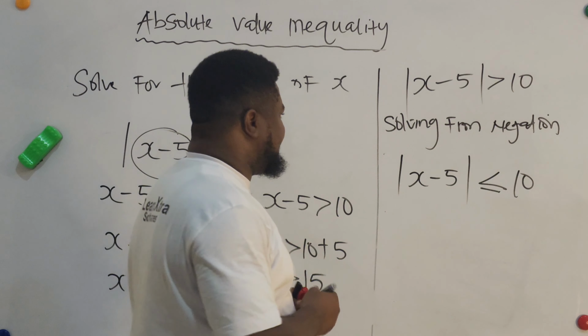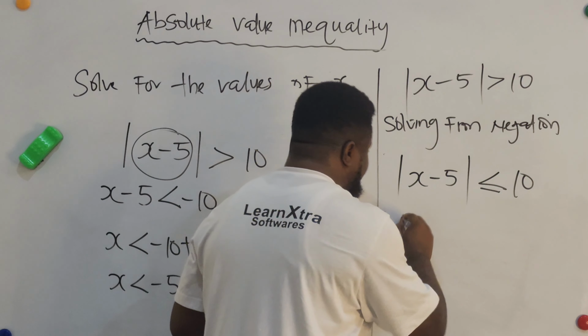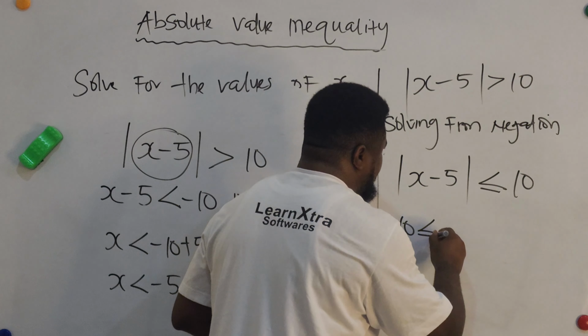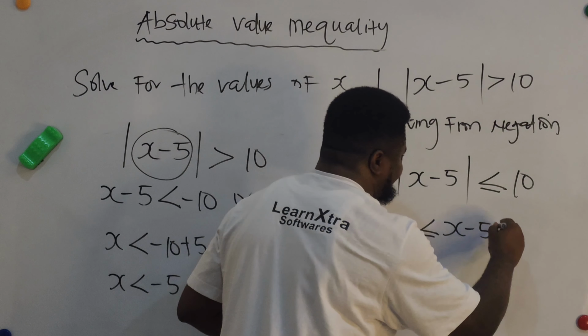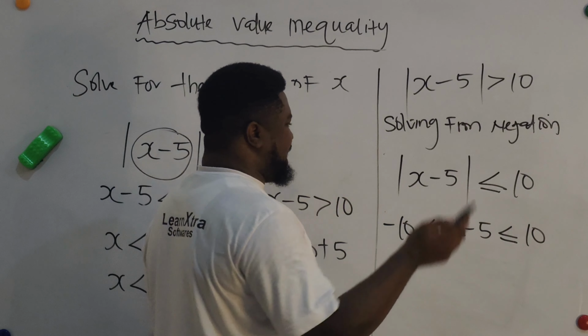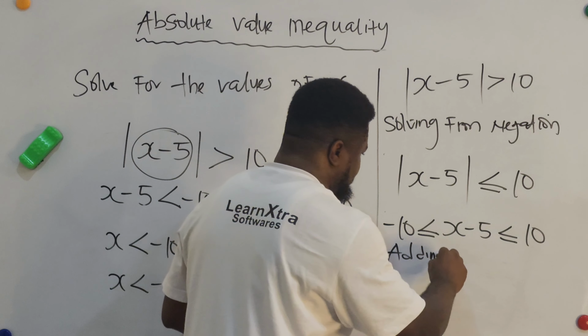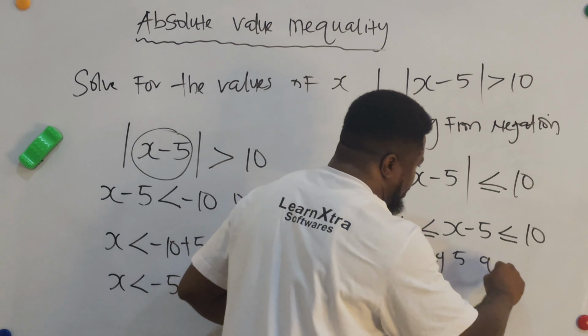The one for less than. That will be minus 10 is less or equal to x minus 5 less or equal to 10. Here, just add 5 to both sides. Add 5 all through.